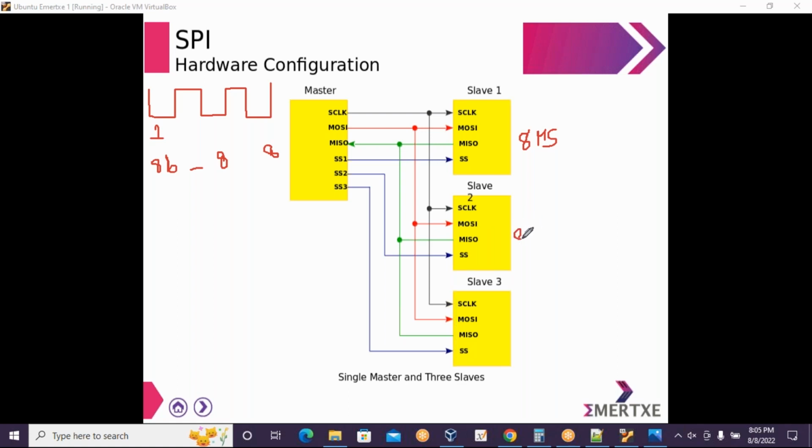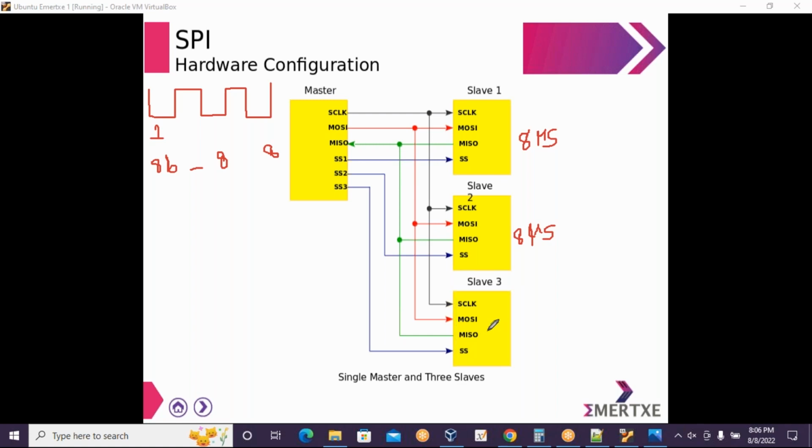Again, it is just 8 microseconds, isn't it? The master is going to select this slave using SS2. The moment it has to transmit the data, it generates 8 clock pulses. With every clock pulse, 1 bit gets transmitted. So to transmit 8 bits of data to slave 2, it is again taking 8 microseconds.